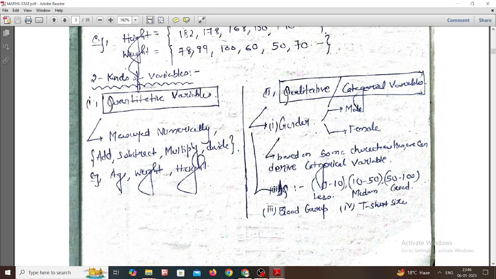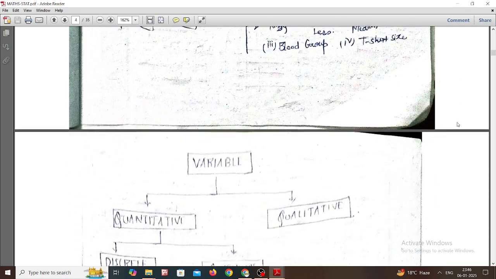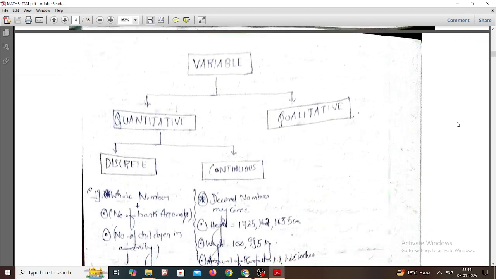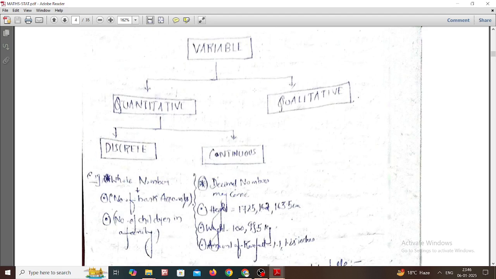There is a range on this IQ, basically 0 to 10, 10 to 50, 50 to 100. This might be anything. I have just considered this to be 0 to 10, 10 to 50, 50 to 100, and so on. So based on some characteristics, we are determining a categorical variable. So a variable might be quantitative, or it can be qualitative or categorical.